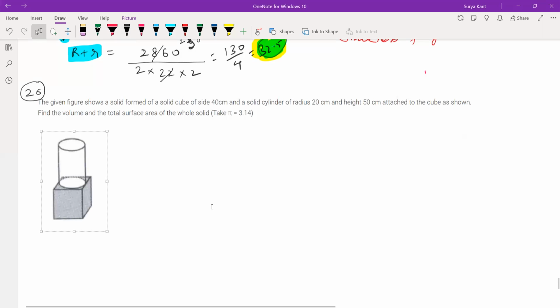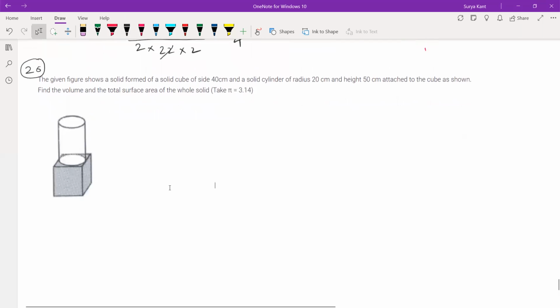So the given figure shows a solid formed of a solid cube. Solid cube means all sides are equal, children. Here the side a is given as 40 centimeter. First, try to understand what is given in the question and write all the data.